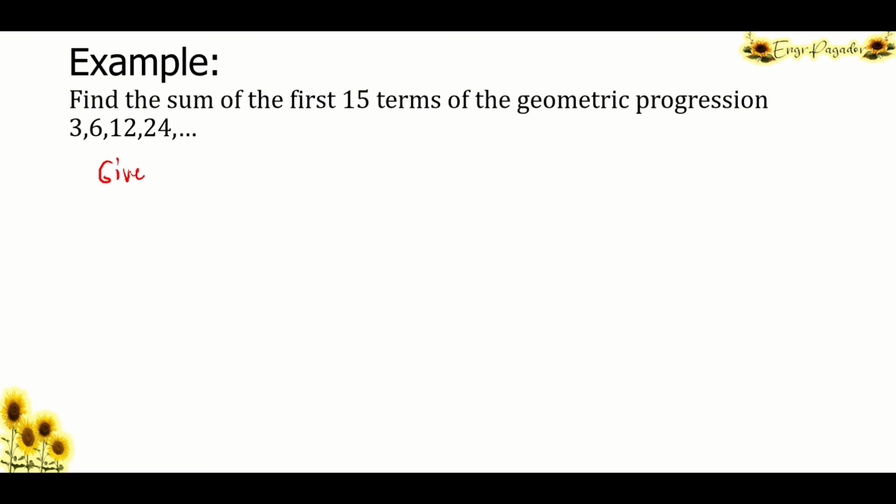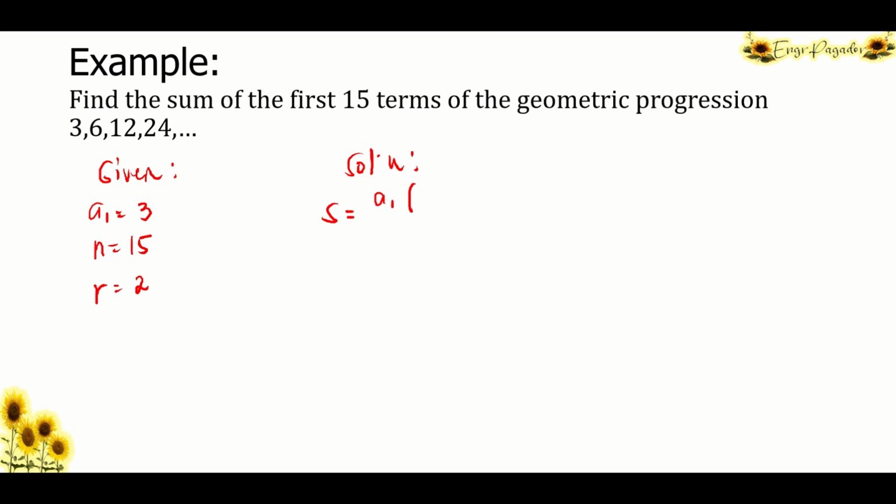Sulat muna natin yung given natin. So, that is a sub 1 is equal to 3, n is equal to 15, and then yung r natin is equal to 2.